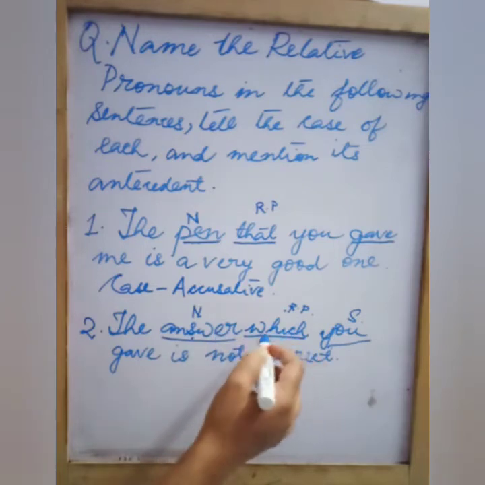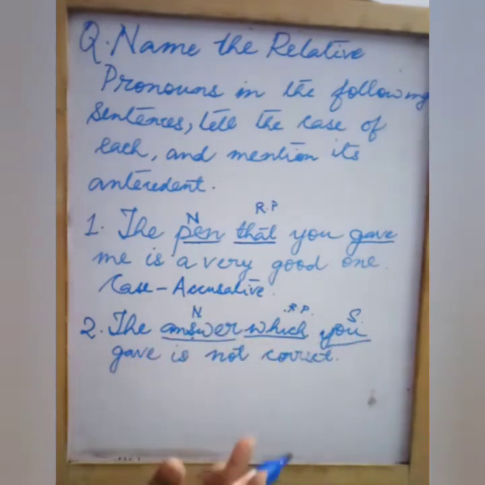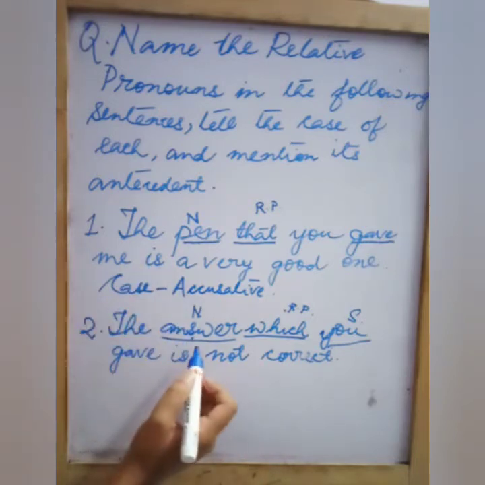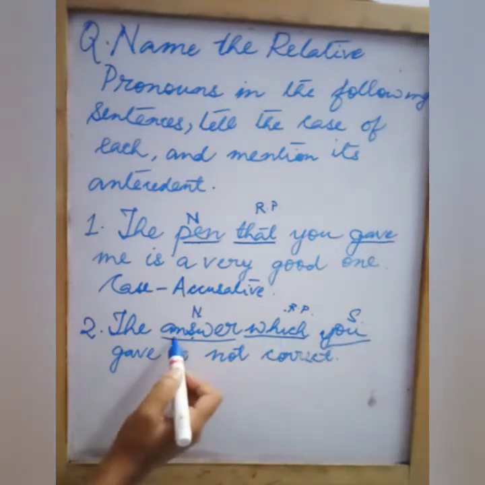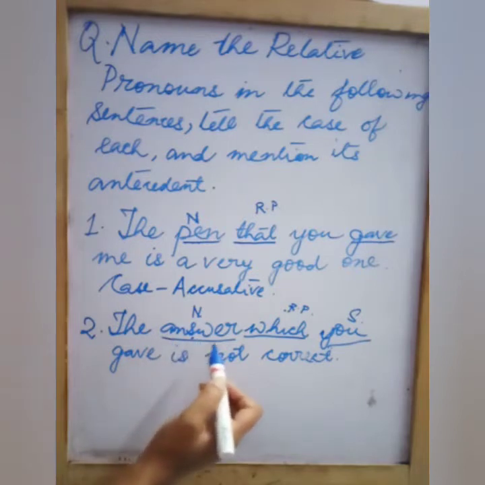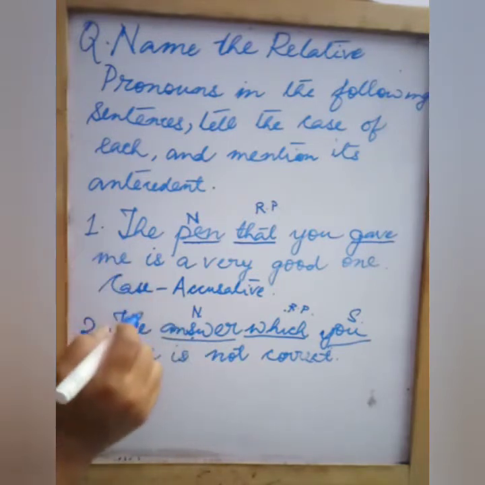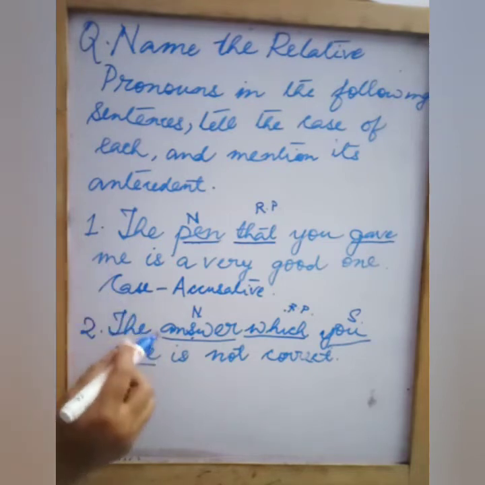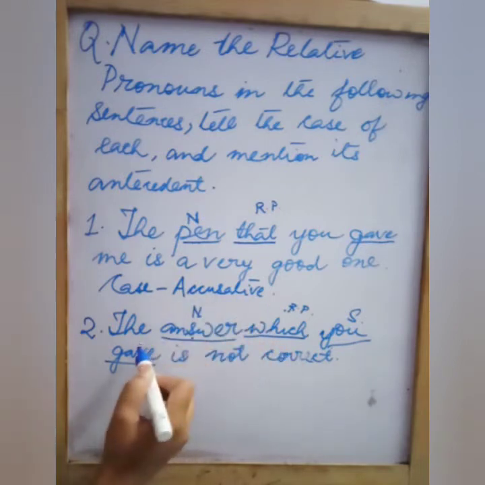The answer you gave is not correct. It is written here. The answer which you gave is not correct. You gave the answer which is not correct also. That is also right. So in this you see here the answer is the object. Who is the subject? You. So in this case also you can see the object is coming before the verb gave, isn't it? So the noun or pronoun which is the object of the verb, or which is coming before the verb, this is the verb.